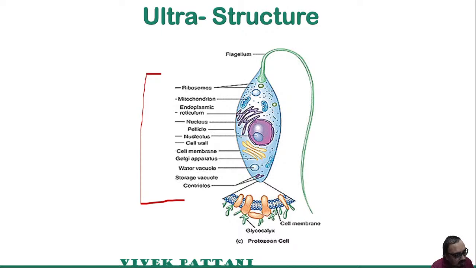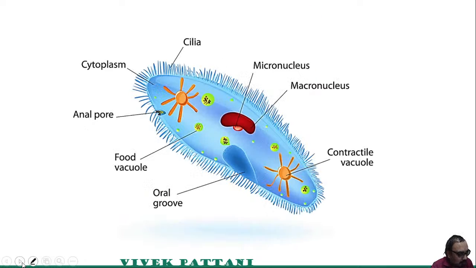As we discussed in the last lecture, the vacuoles basically help in the uptake of food. The cellular body basically consists of the nucleus, cytoplasm, and membrane. This is the basic structure, but there is no presence of chlorophyll.